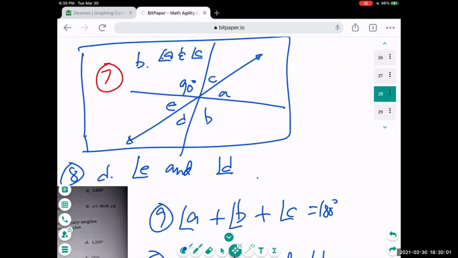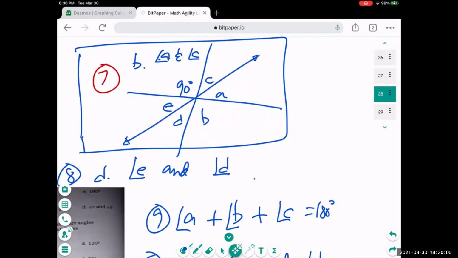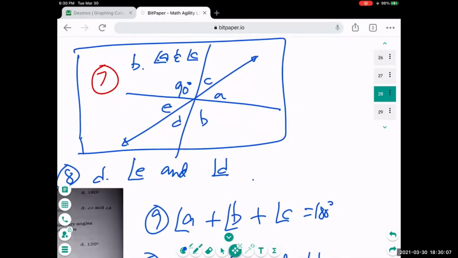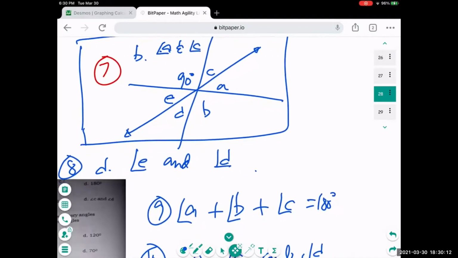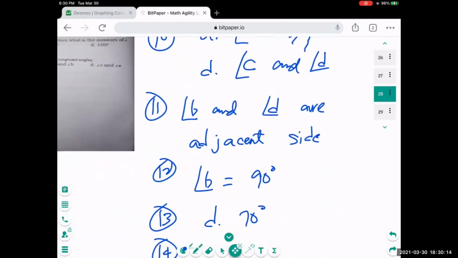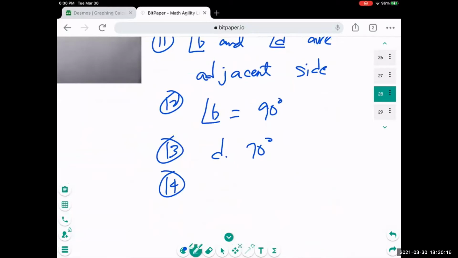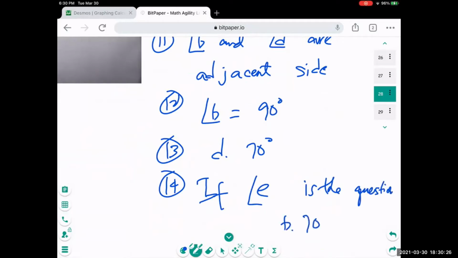Then what is the measure of angle? Probably angle E is the question. So if C and D are equal, and they're 90 degrees, angle E should be 70 degrees. If angle E is the question, then the answer is letter B, 70 degrees, right?